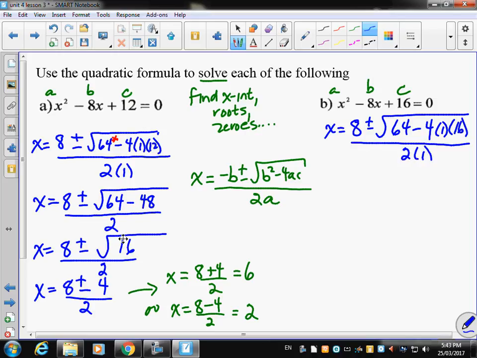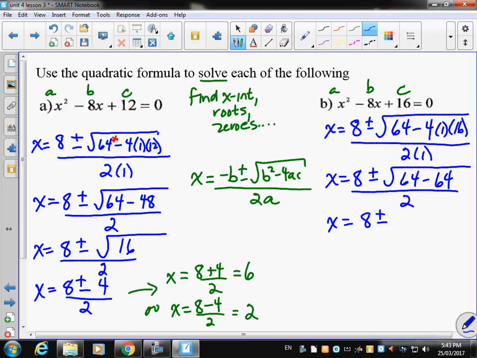Okay, let's tidy up some numbers. 8, add or subtract. 64, subtract 4 times 1 is 4, 4 times 16, 64, over 2. 8, add or subtract. 64 subtract 64 is 0, over 2.